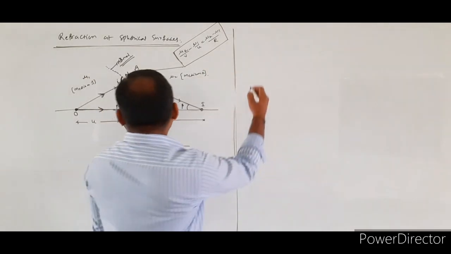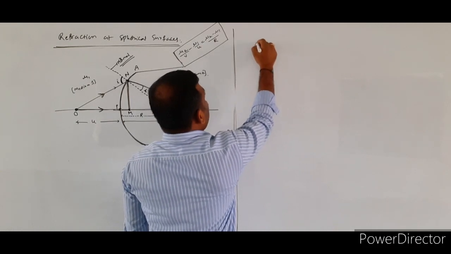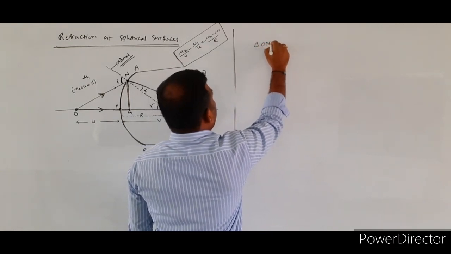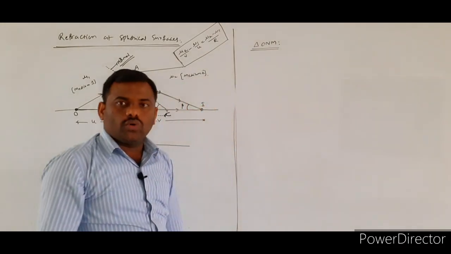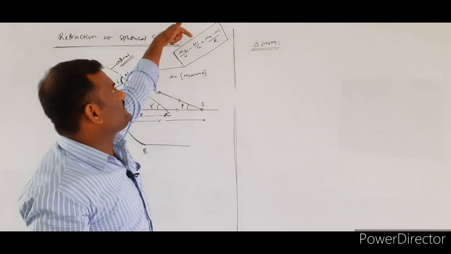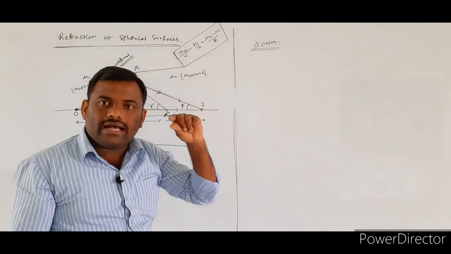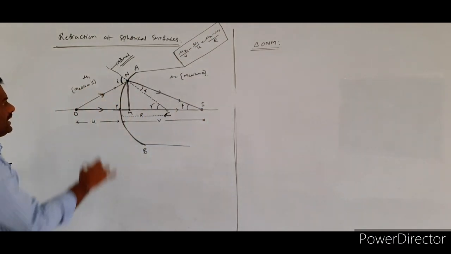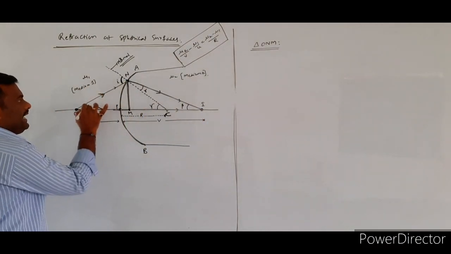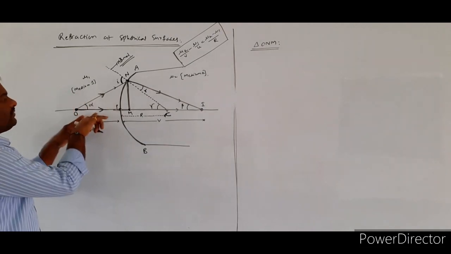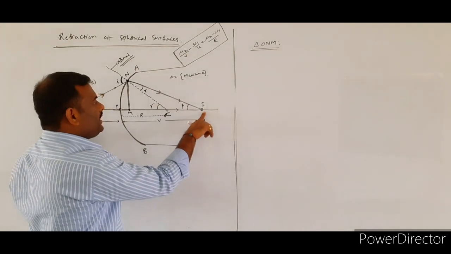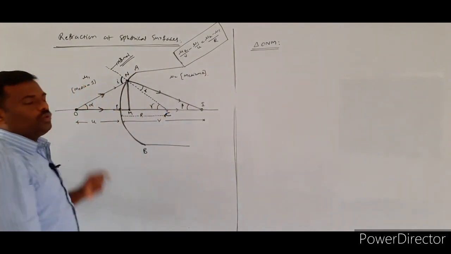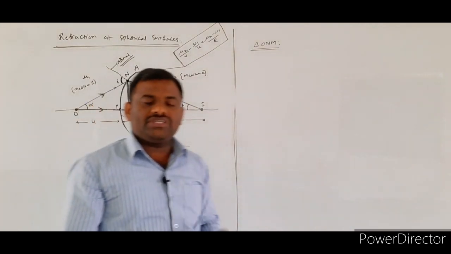Now, we will consider the triangle ONM. To derive this equation, I made some assumptions. The angle at O will be taken as alpha, the angle at I is beta and the angle at C is gamma.